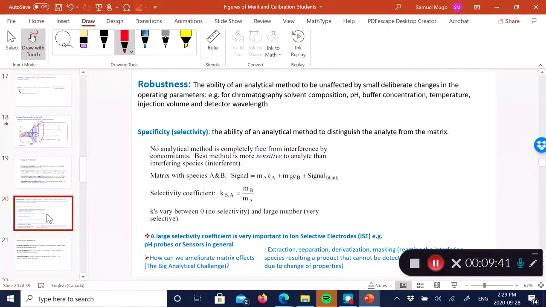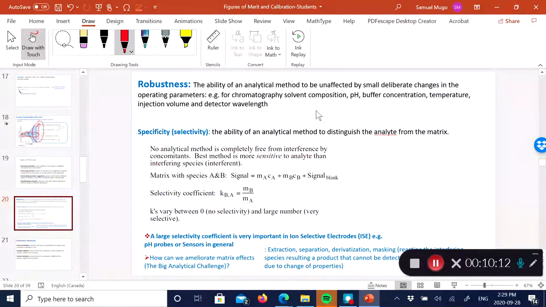So robustness is another figure of merit. If you develop an analytical method, you want to assess how robust it is. Robustness means the ability of your method to not get affected by small changes in the lab. The changes could be things like pH, temperature, humidity and so on.